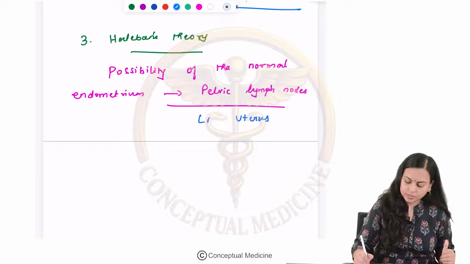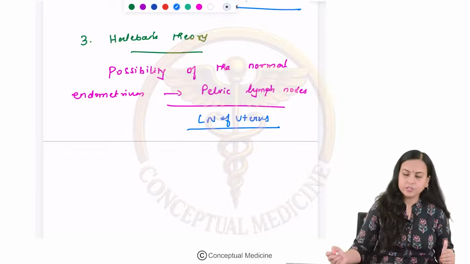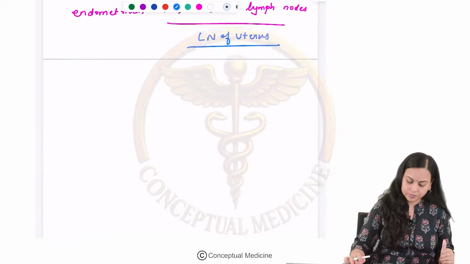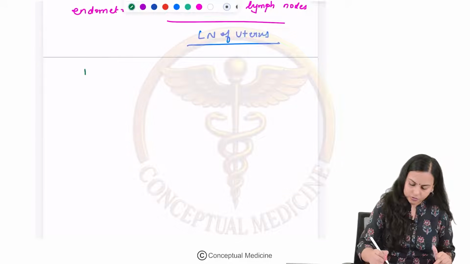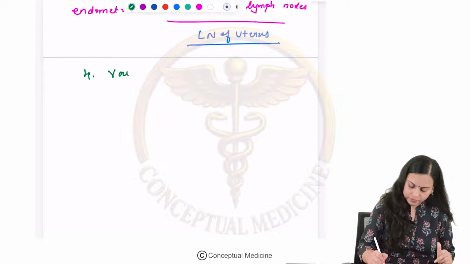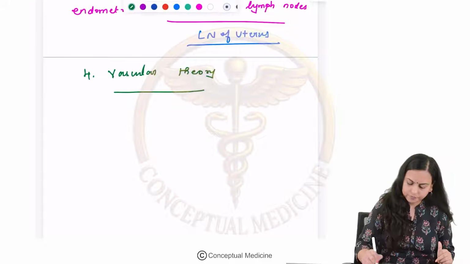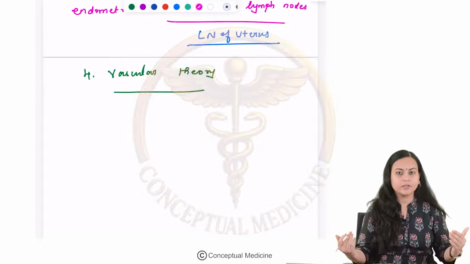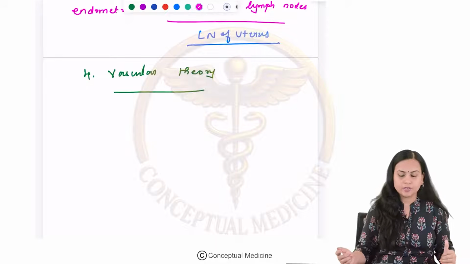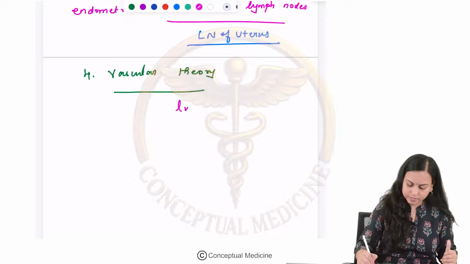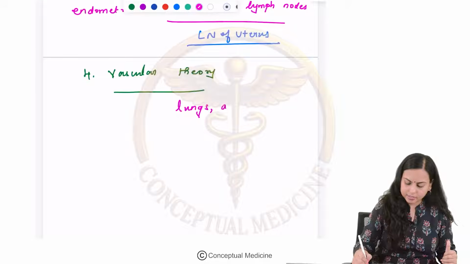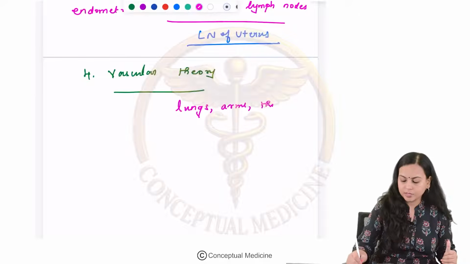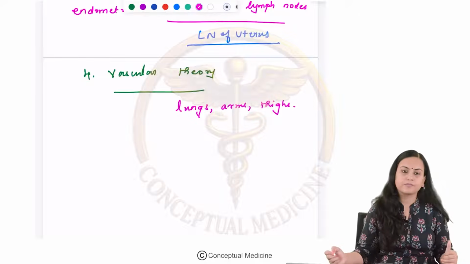Okay, through the lymphatic drainage of the uterus. Clear? Right. There is also another theory which is known as the vascular theory. Now, there is vascular dissemination of the endometrium, which will be leading to deposits of the endometrial tissue in various distant organs like the lungs, even the arms, thighs, etc. Okay.